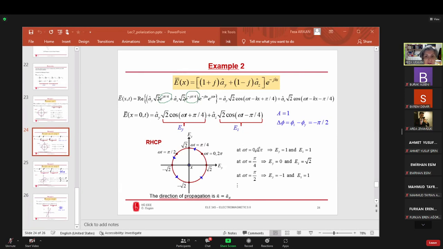So at omega t equal to 0, you start with the z component, as you see right here. Omega t equal to pi over 4, you move here, and then you move there, and then go back to 2 pi. So as you see, this is again a right-hand circular polarized wave, or counterclockwise sense. Any questions from here?